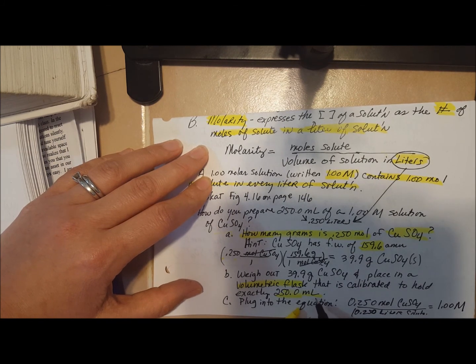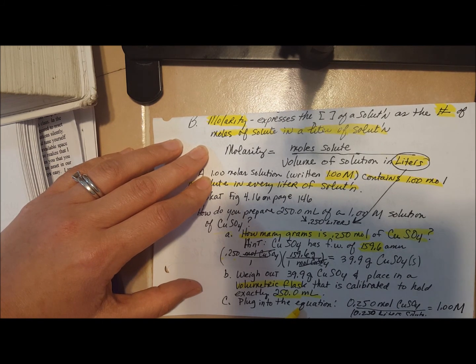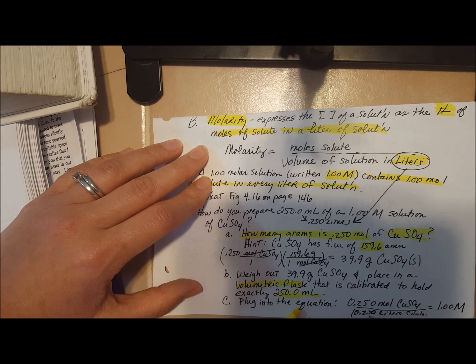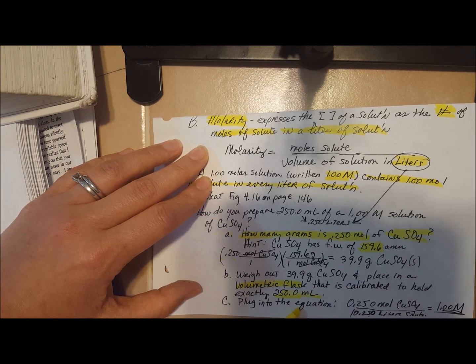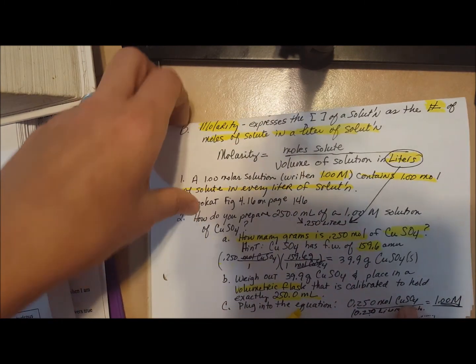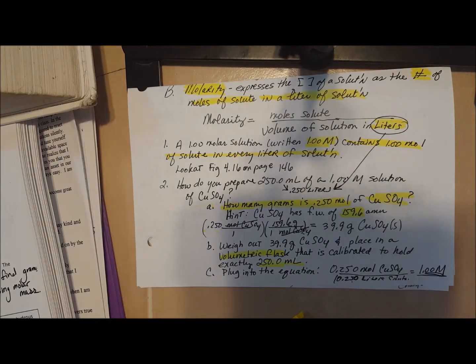So we had 250 milliliters, and you do have to convert that to liters. When you do the math, you see that it equals 1 molar, or 1 molarity, I should say.